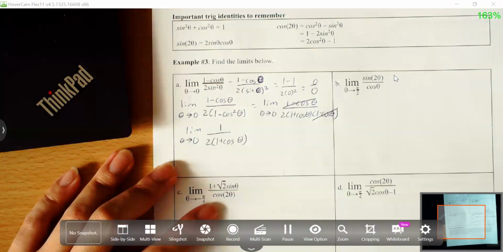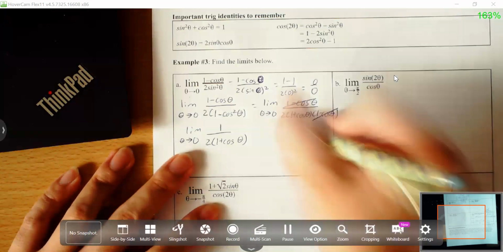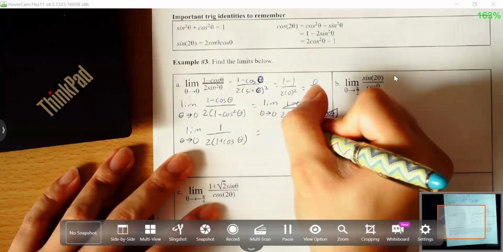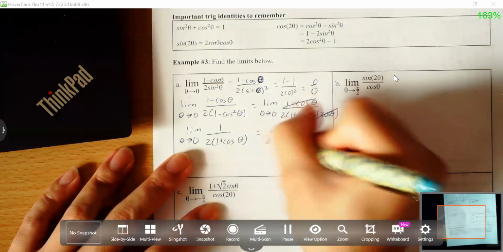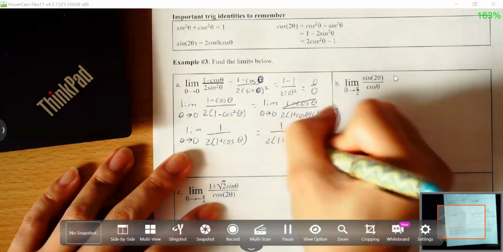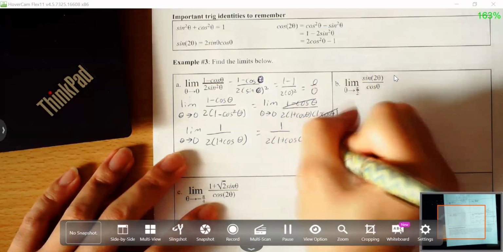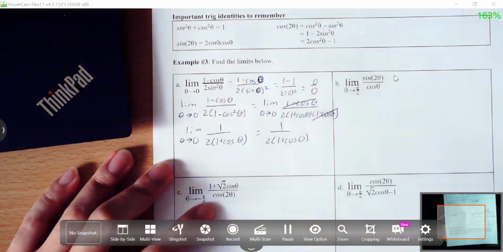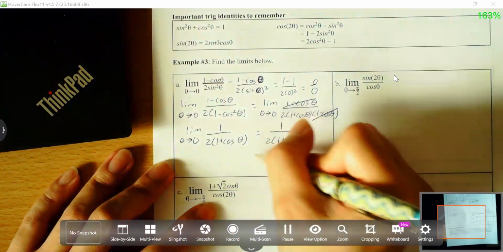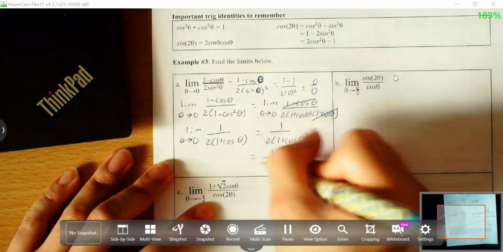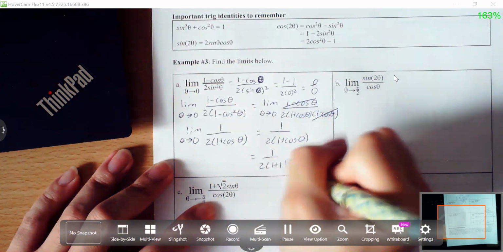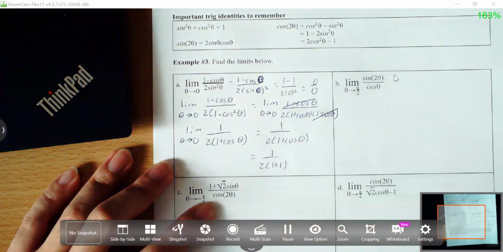Now I can just substitute the 0 in. So this is 1 over 2, 1 plus cosine 0. And that's equal to 1 over 2, 1 plus 1. Cosine of 0 is 1.